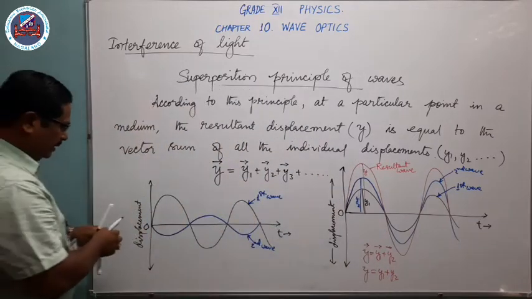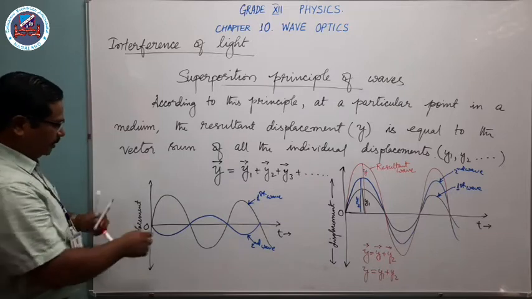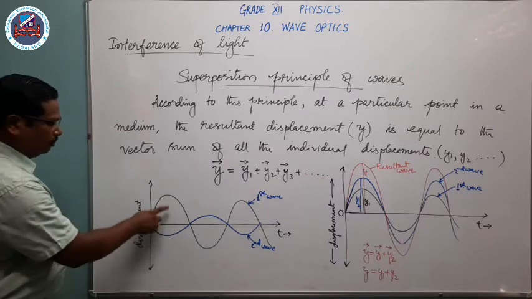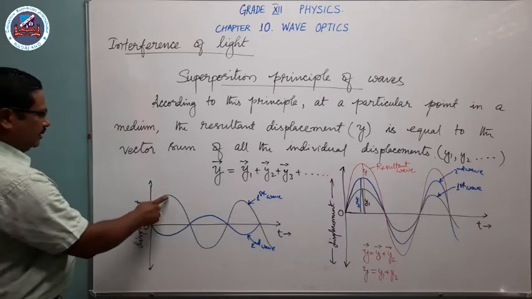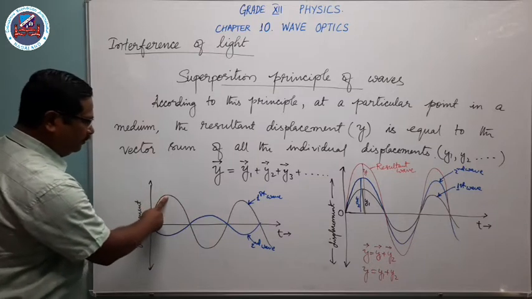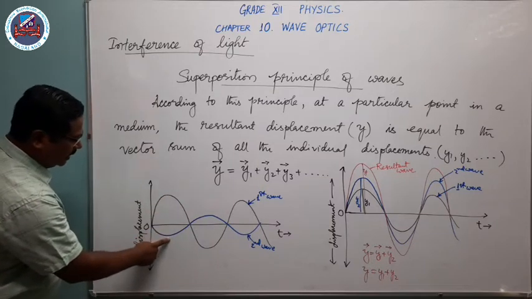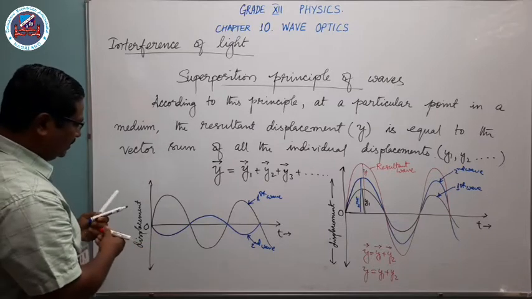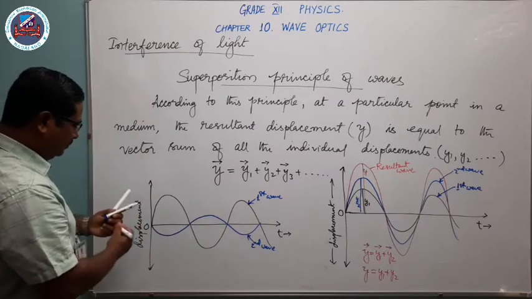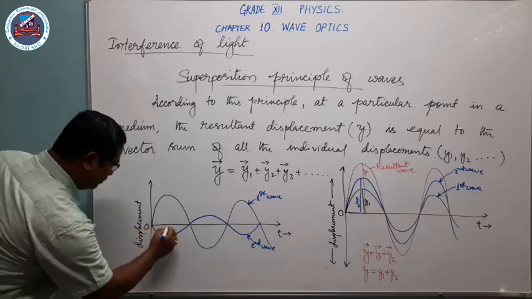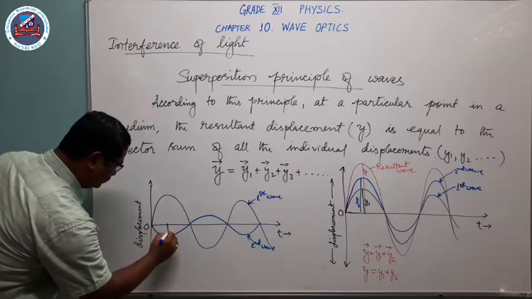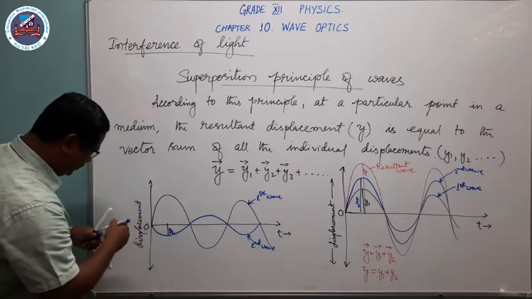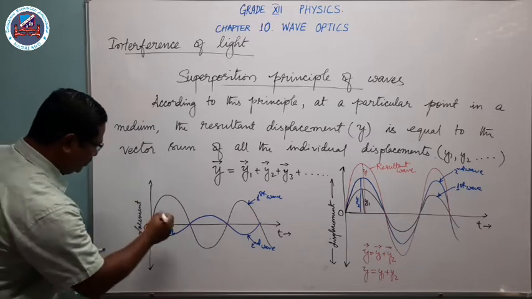But in this case, the first wave and the second wave, they are in opposite phase. The crest of the first wave and the crest of the second wave, they are opposite to each other. In that case, for the resultant wave, suppose this is y2. The displacement is y2.